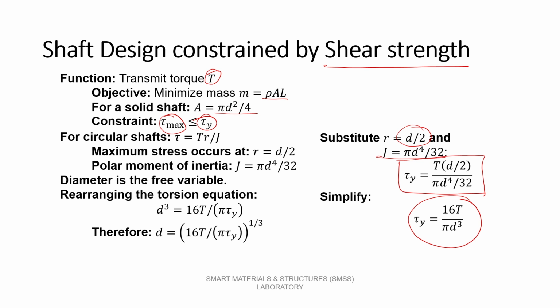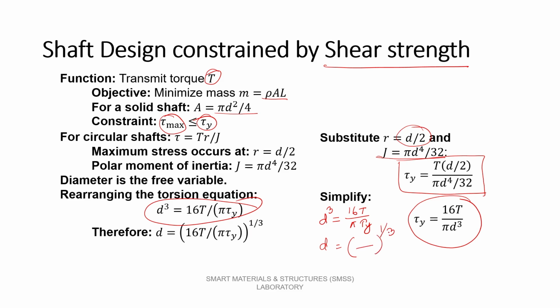Okay. So, now you can of course change the side, and tau y is something that is a material property. Diameter is a free variable, we already said. So, you can write d cube as 16 T over pi tau y, which means d will be the one-third power of it, right. So, d will be the whole thing to the power 1/3.